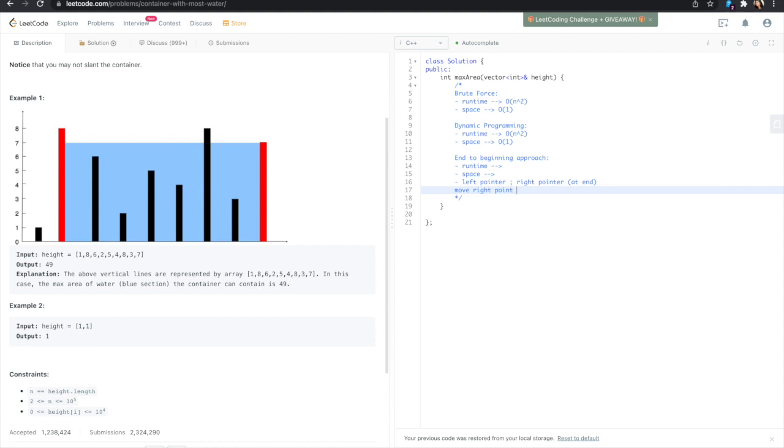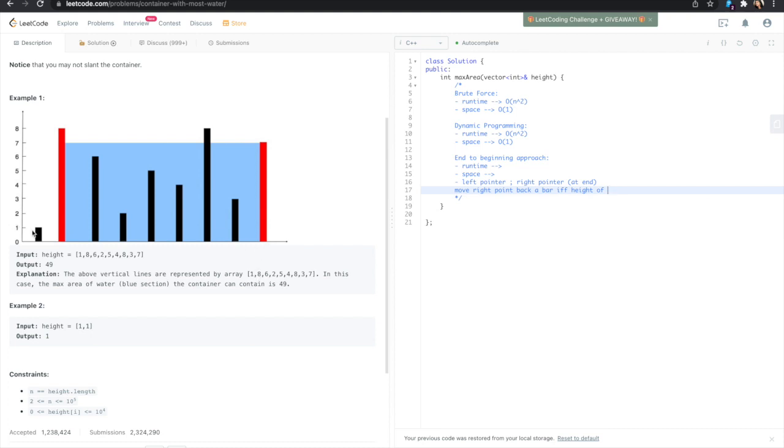back one, so back a bar, if and only if the height of, let's think about this really quick. If this was smaller than this and this was bigger, yeah, if it's smaller, okay, if it's taller than this, we're losing one.